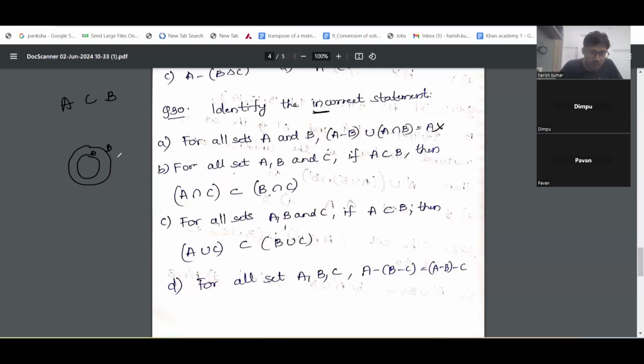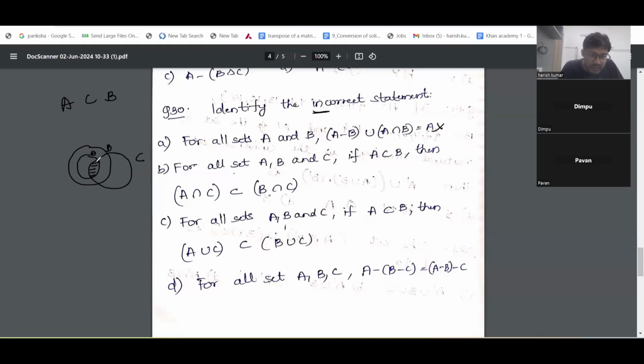Okay. Now let's draw a set C, which is like this. Set C is like this. Now what is A intersection C, right? So A intersection C is this much, right? And what is B intersection C?